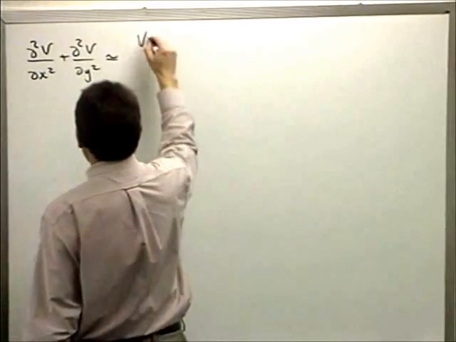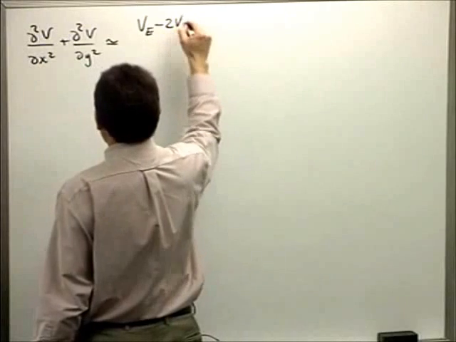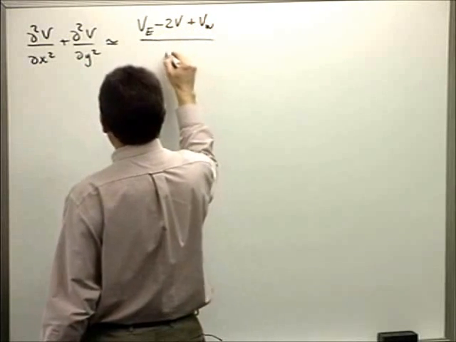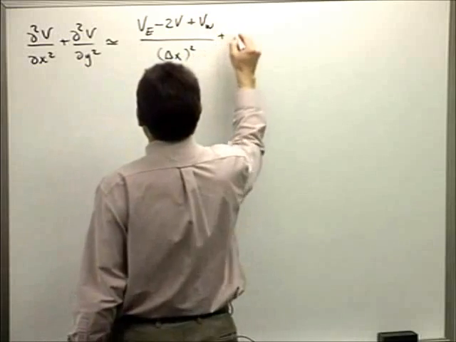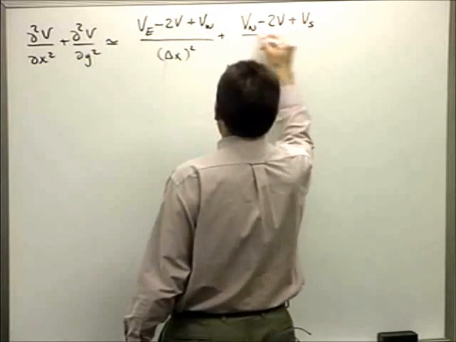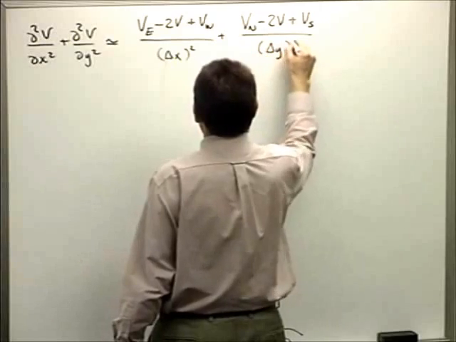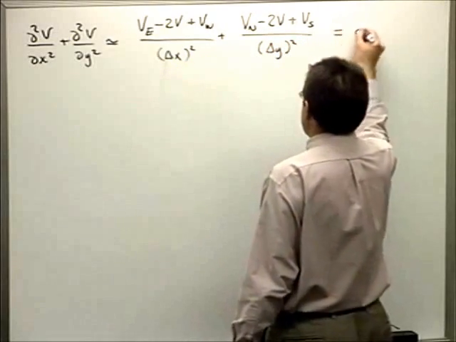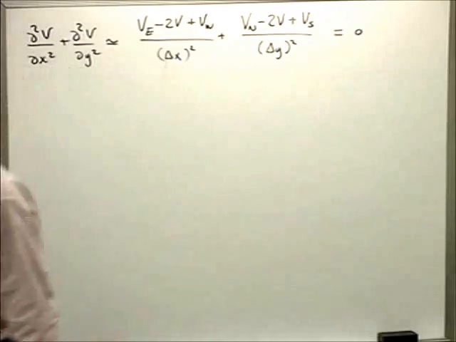So it's going to be VE minus 2V center plus VW divided by delta x squared plus V north minus 2V plus V south divided by delta y squared. And if this is really Laplace's equation, then we're setting that equal to 0.